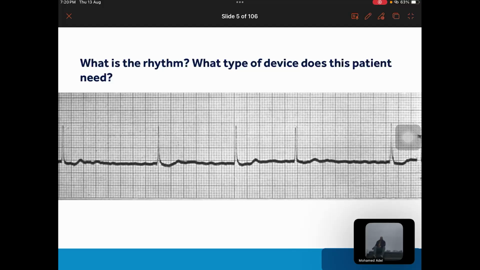The science improved, and left bundle area pacing is the new era. In the near future, all pacemakers will depend on left bundle area pacing. There will be no conventional pacing anymore.